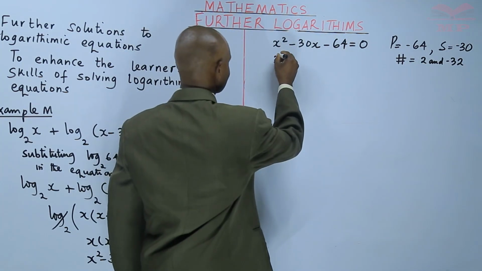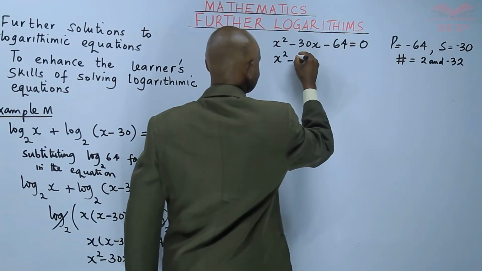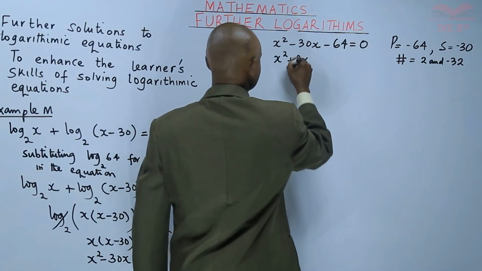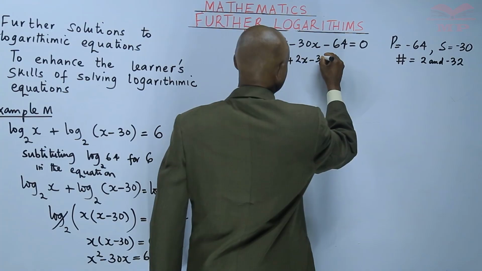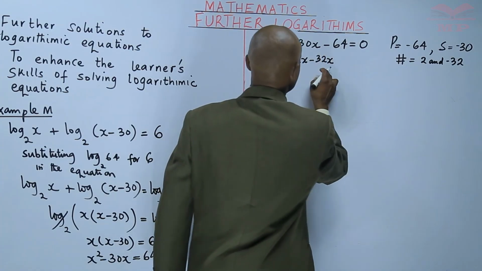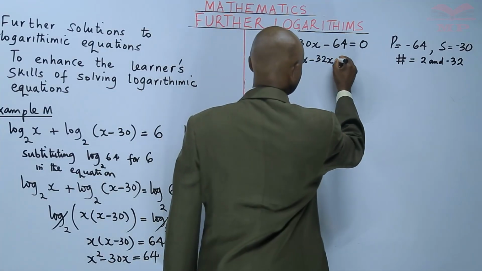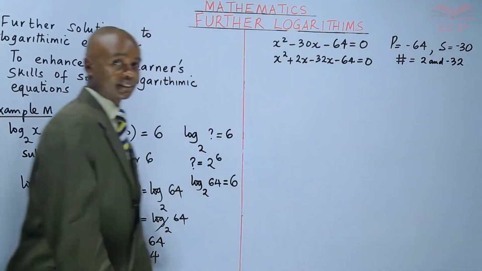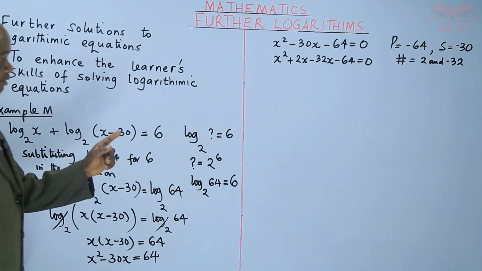So you'll have x squared plus 2x minus 32x minus 64, which should give us 0. If you add the two, you get minus 30. You follow very well.